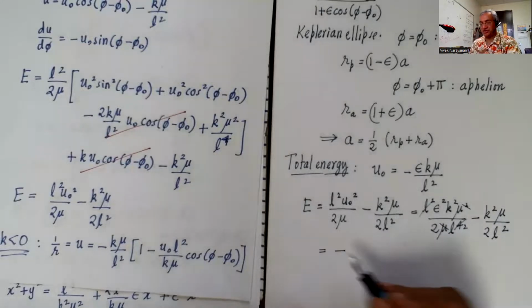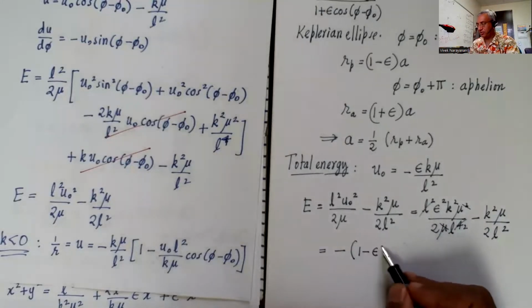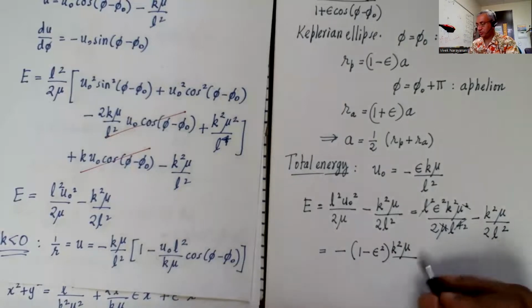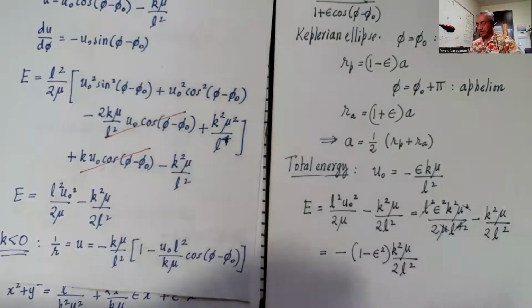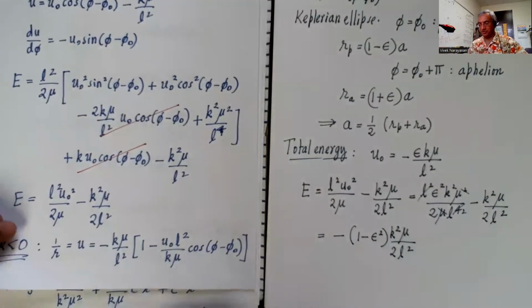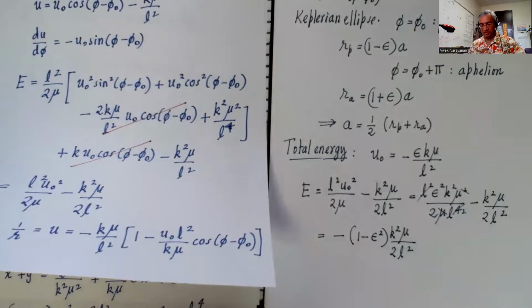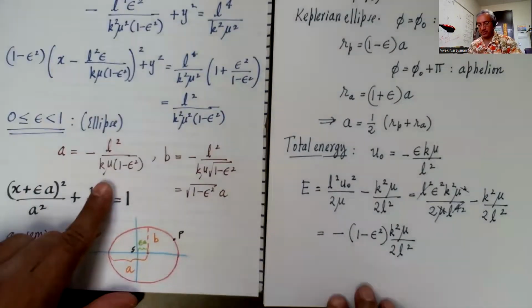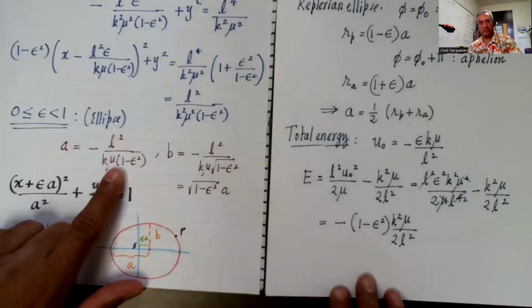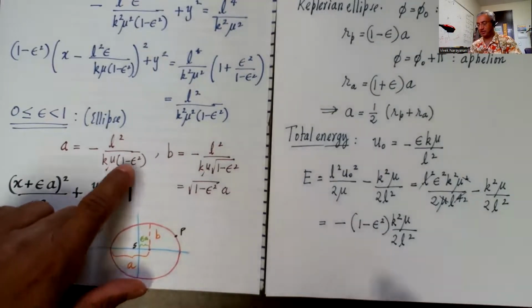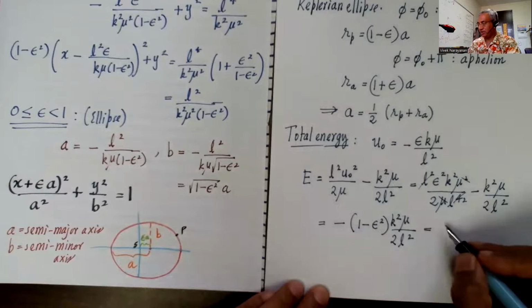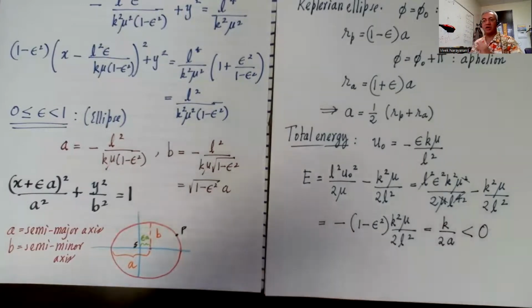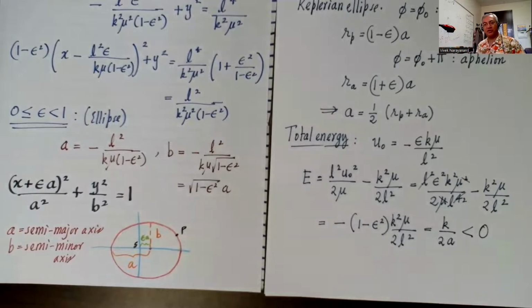So this is just negative 1 minus epsilon squared k squared mu over 2L squared. Now at this point, I want to substitute what the orbital parameter A is. A is negative L squared over k mu times 1 minus epsilon squared. So this is going to be k over 2a. And because k is less than 0, we have the energy is less than 0.